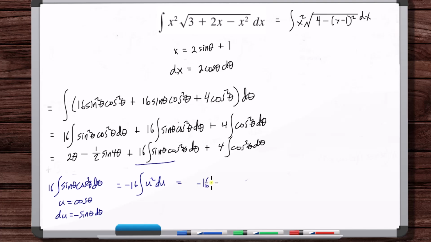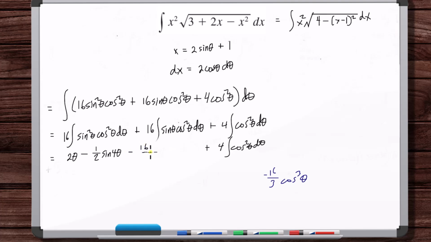Minus 16 times 1/3 u cubed. Minus 16 thirds cosine cubed theta.